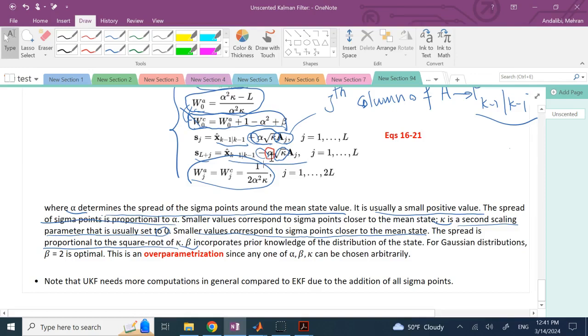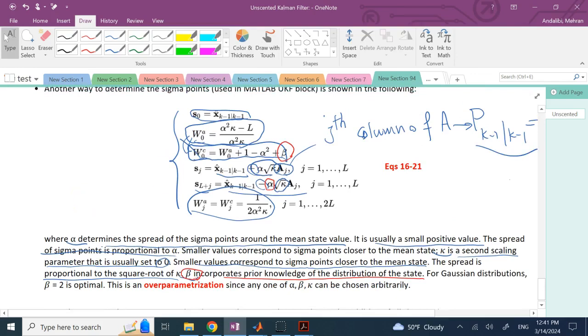But here they have 2, and then you have the beta parameter here, which incorporates some prior knowledge of the distribution, and the only place it shows itself is right here. And you know WC0 is only going to affect what? Is only going to affect the first predicted P matrix.